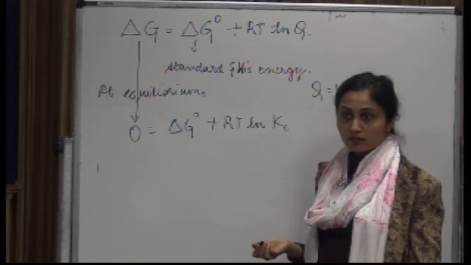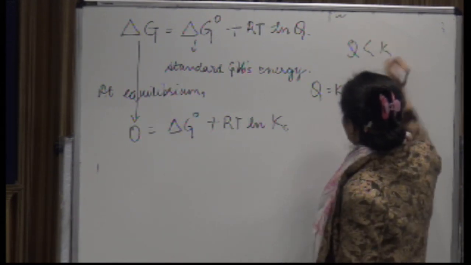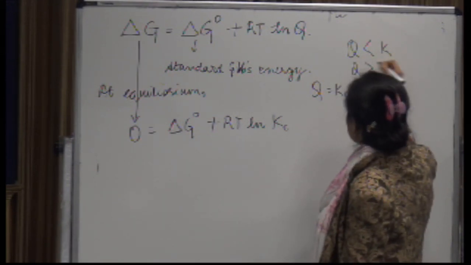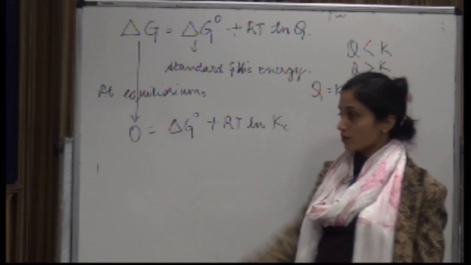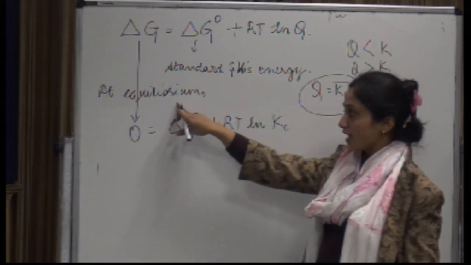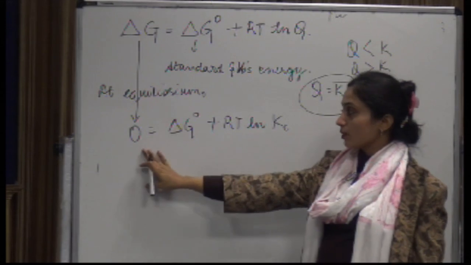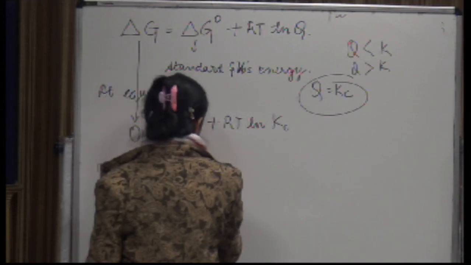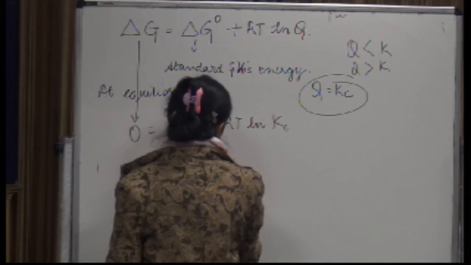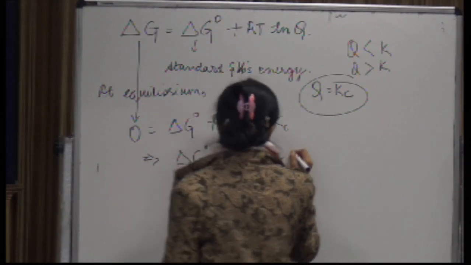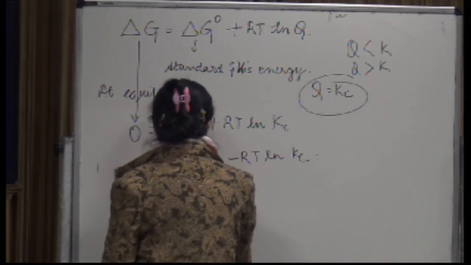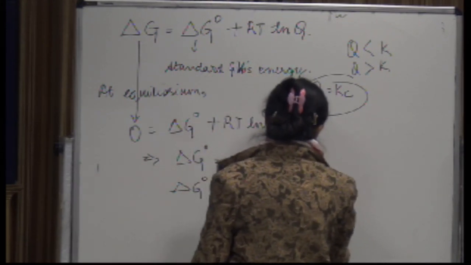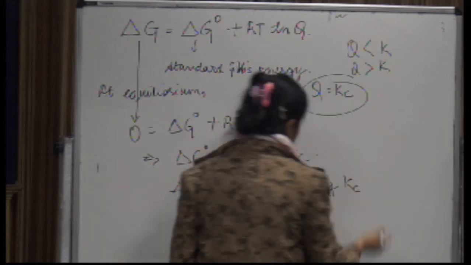Okay? What happens when Q is less than K? Forward reaction. When Q is greater than K, backward reaction. And when Q is equal to Kc, my reaction is at equilibrium. So 0 is equal to delta G naught plus RT ln Kc, which gives us a very important relationship: delta G naught is equal to minus RT ln Kc, or you can write it as delta G naught is equal to minus 2.303 RT log Kc.